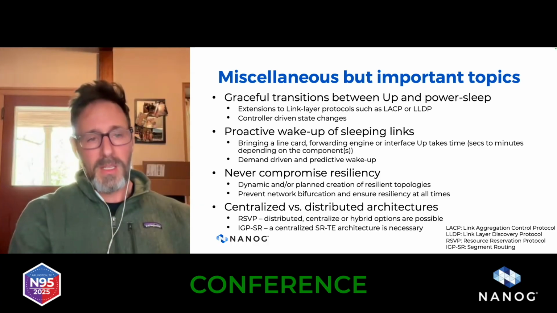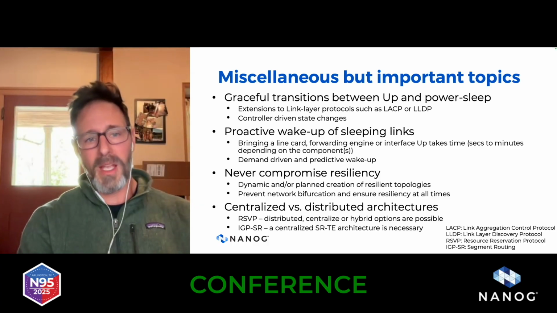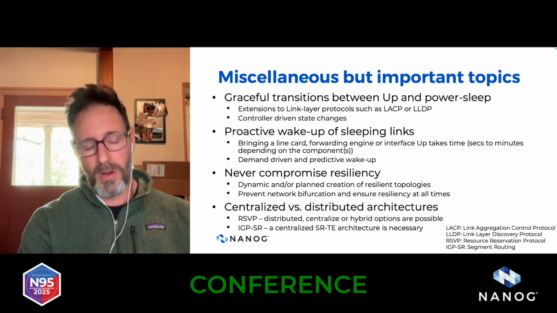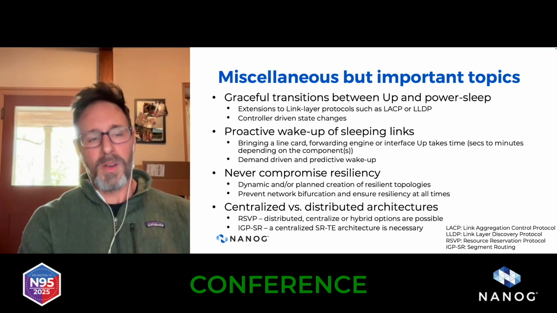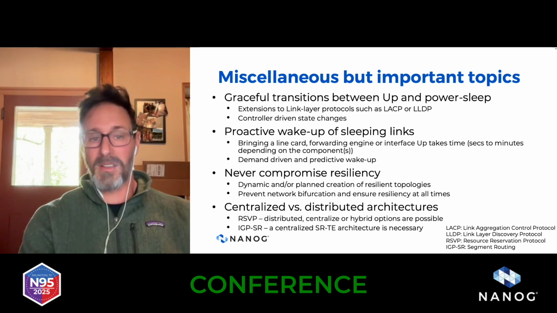If we need to, we have mechanisms that we are in the process of prototyping and have already simulated on how we can estimate future demand and then proactively wake up sleeping components when needed.